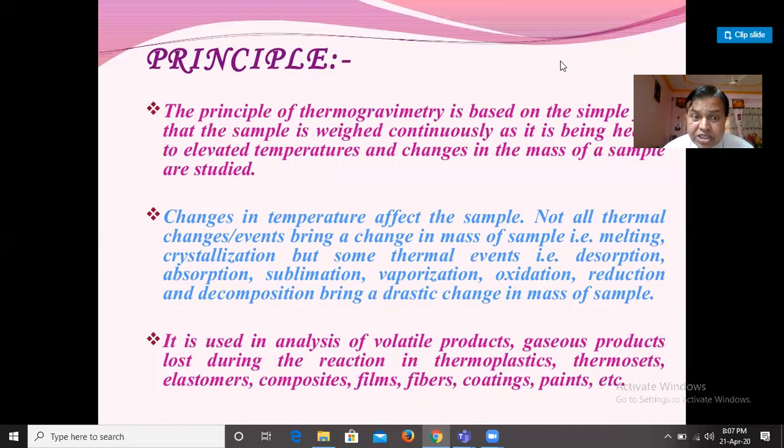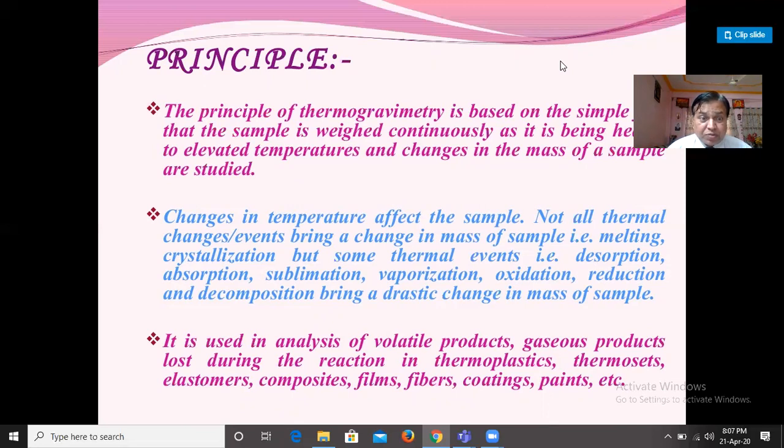Not all thermal events bring a change in the mass of the sample, for example melting and crystallization, but some thermal events, that is desorption, absorption, sublimation, vaporization, oxidation, reduction, decomposition, bring a drastic change in the mass of the sample. These are all processes which happen after increasing the temperature.